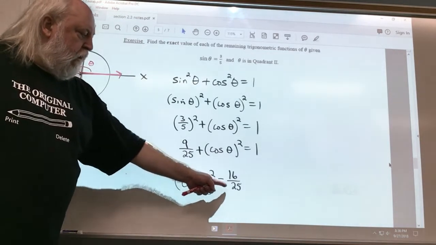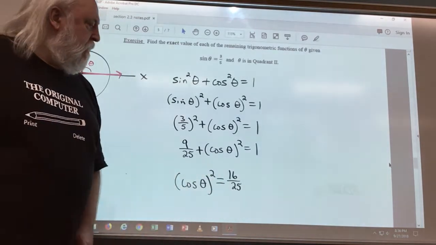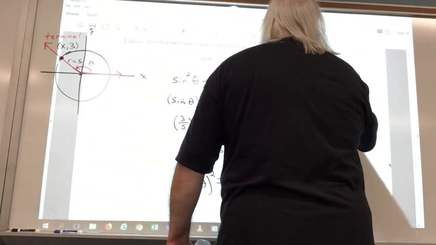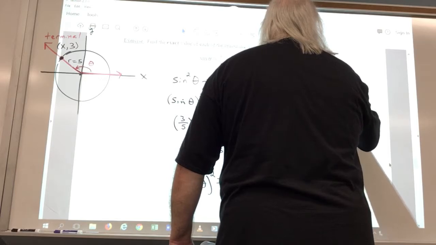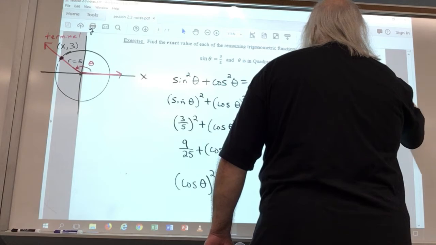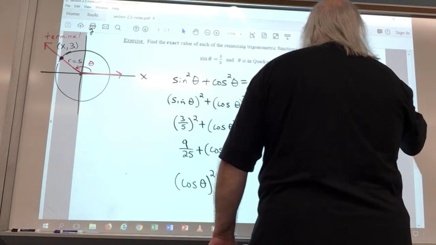And now you know square root undoes the squaring. And so when I take the square root of both sides, I have the square root of cosine theta squared equal to the square root of 16/25.